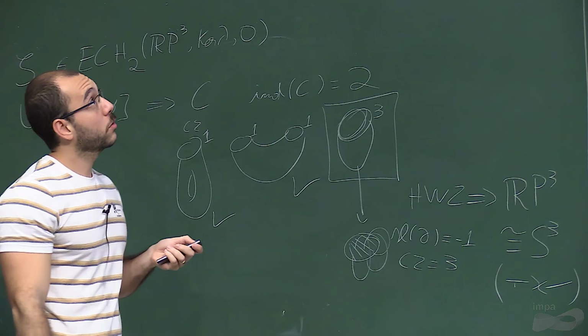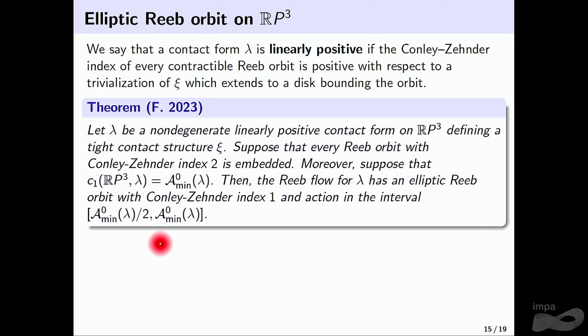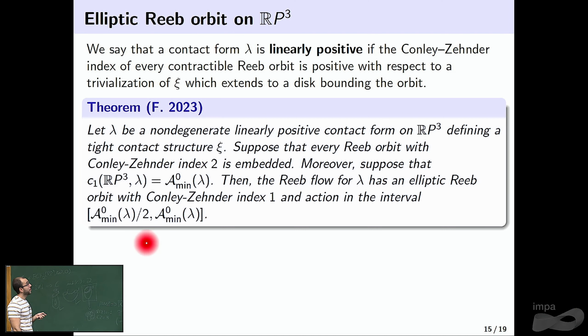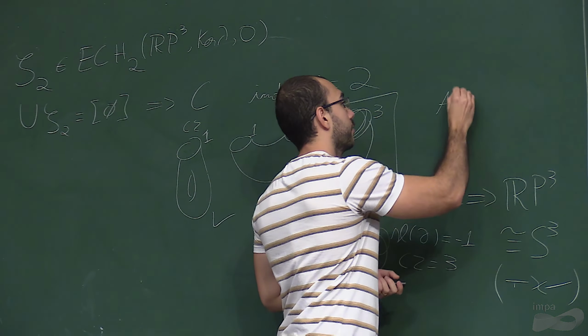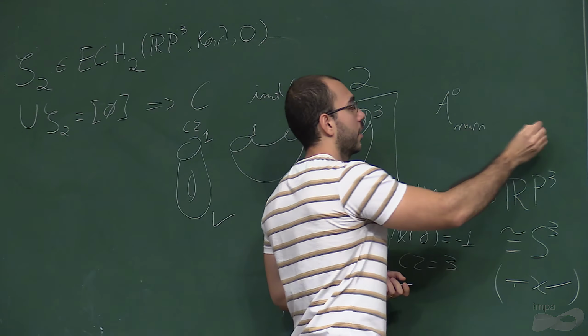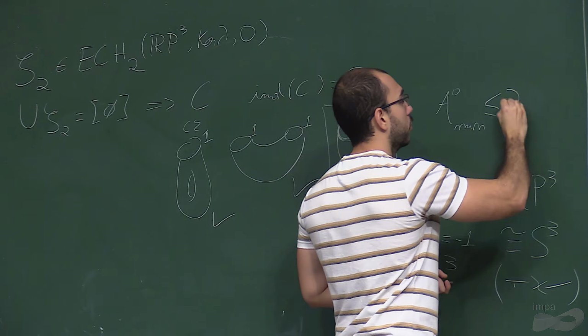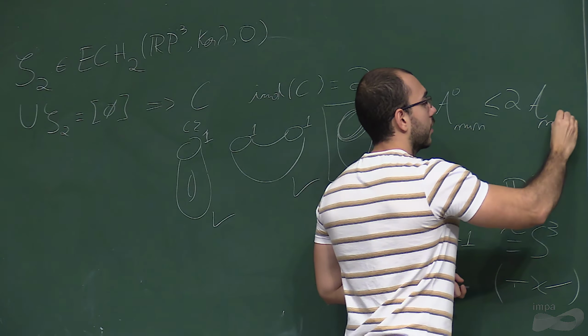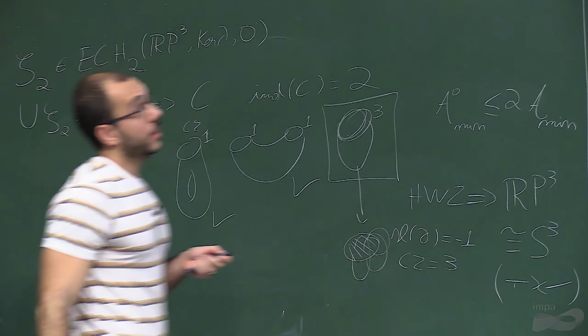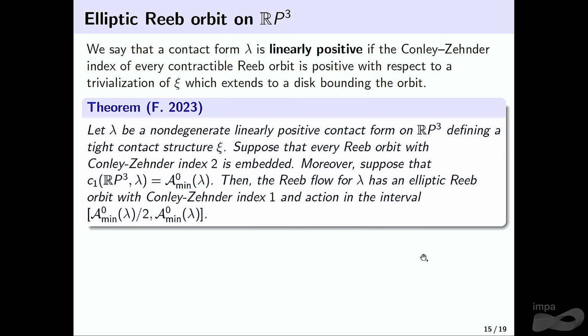So you can conclude that the action is in this interval, but just a remark, since pi1 of RP3 is Z mod 2, A0 mean is lower than or equal to 2A mean. So this elliptic Reeb orbit that exists has action between the minimal and twice the minimal.